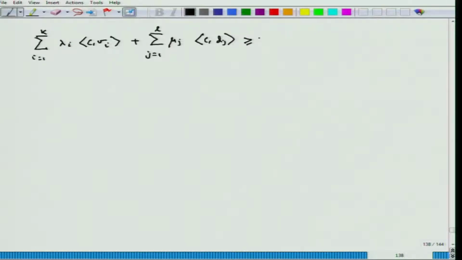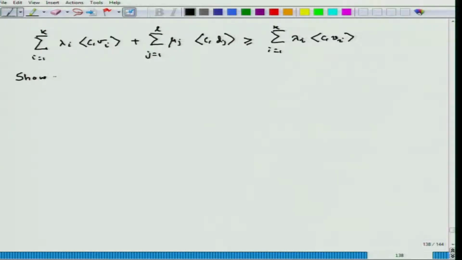So, this whole thing must be bigger than summation i equal to 1 to k lambda i C v i. Now, I will ask you to prove the following.